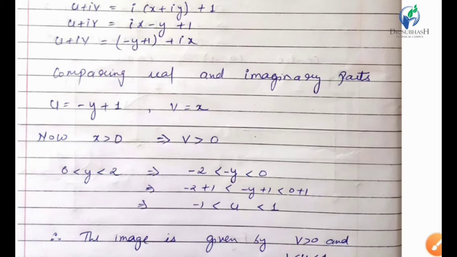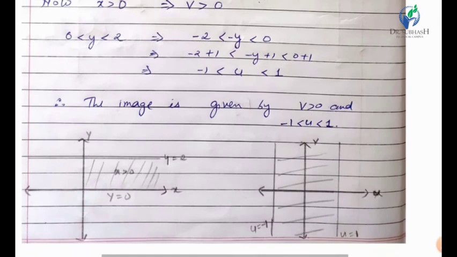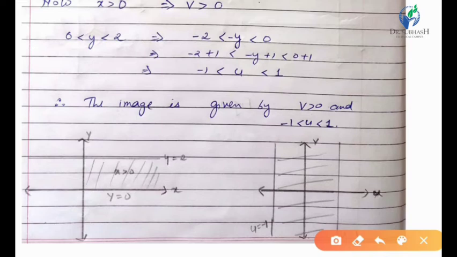What we can see here is we have already obtained the image. By using the transformation w equal to iz plus 1, for x greater than 0, we get image v greater than 0.